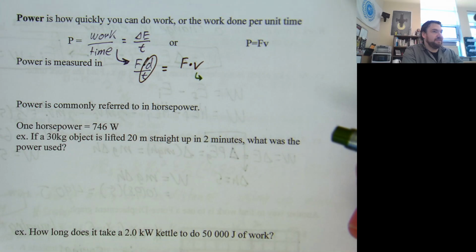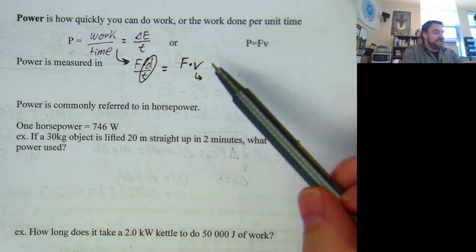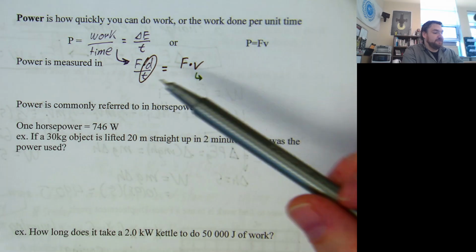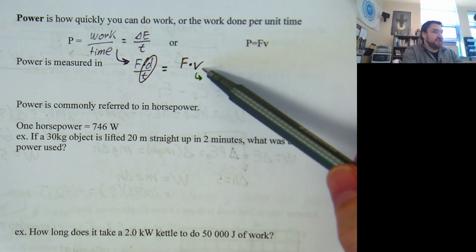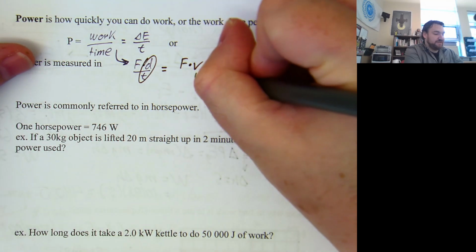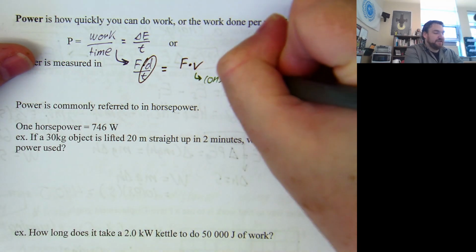If v is equal to d over t, that means v isn't changing. It means this v is constant. So if you're given a constant velocity, you can multiply.